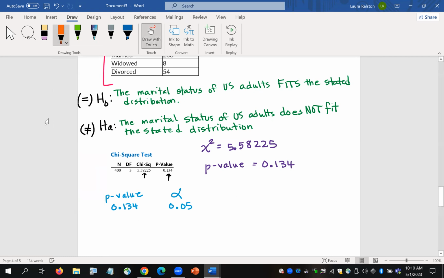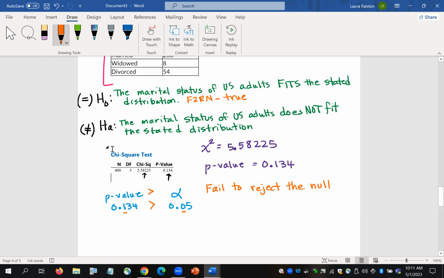If I make the comparison, 1 compared to 0, 1 is greater than 0, so P is greater than alpha, so we fail to reject the null.